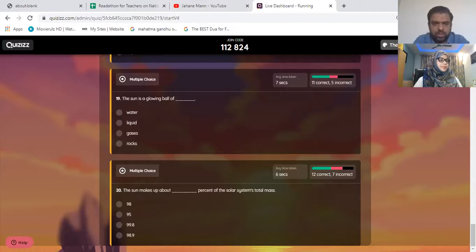20th question, the final one, the ultimate question: the sun makes up about dash percent of the solar system's total mass. Look, these are the questions that I had no knowledge about, but I love to find out what the answer is. The sun makes up about dash percent of the solar system's total mass.